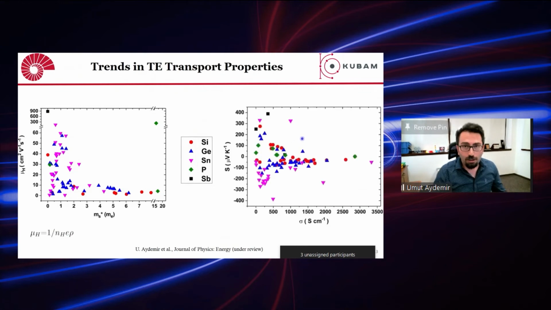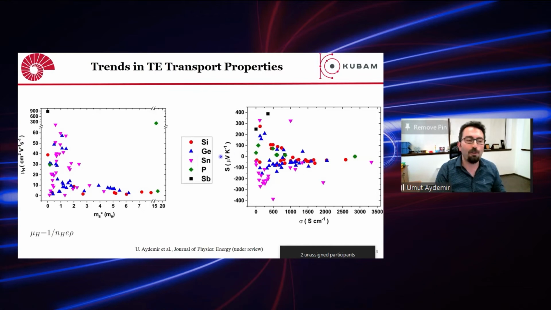So, good thing with the clathrates is this: the same material can show both n and p-type behavior. You can see here, for example, the red ones are silicon clathrates. They can show both p-type and n-type behavior. Or the same holds here for the germanium. It shows both p-type and n-type behavior.